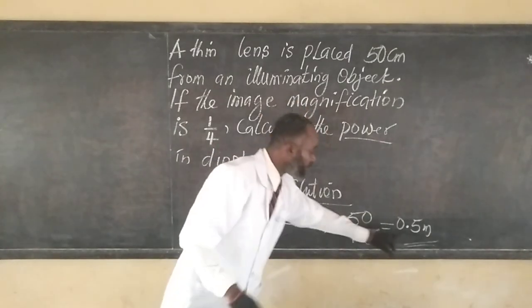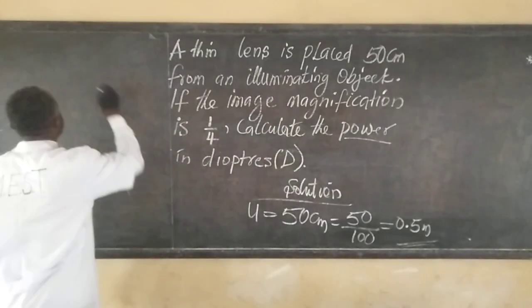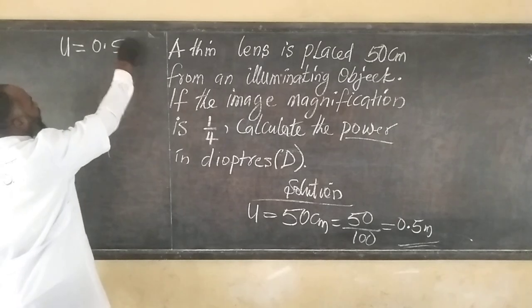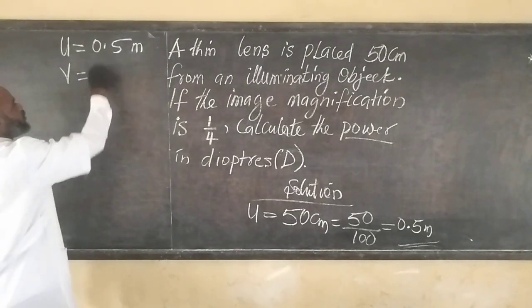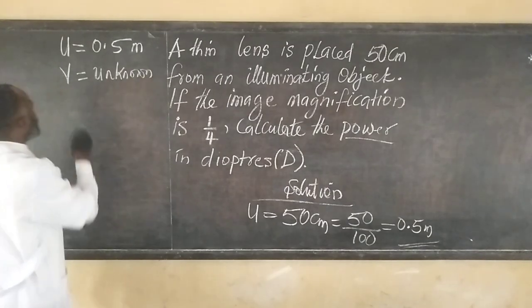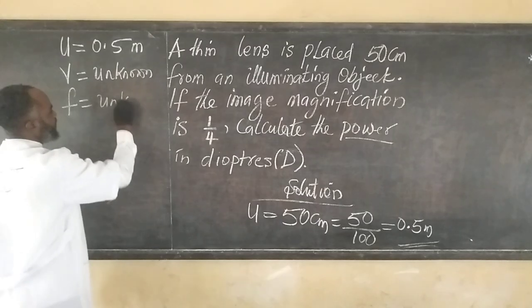Take note, this becomes the new object distance. u is now equal to 0.5 meters. We don't have the image distance, it's unknown. We need to find the image distance, and the focal length is still unknown.